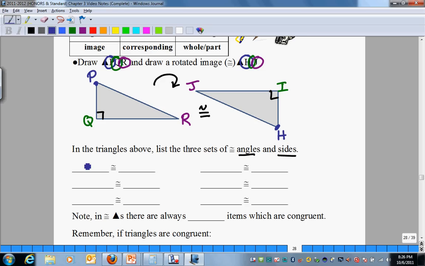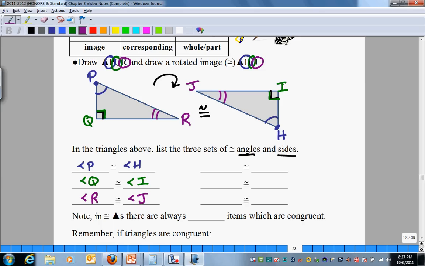So in these circumstances, we have angle P is congruent to angle H. Angle Q is congruent to angle I. And angle R is congruent to angle J. So we have 3 pairs of angles which are congruent.